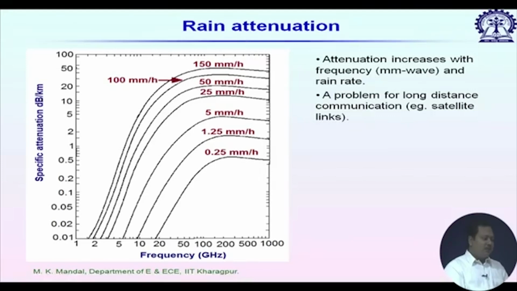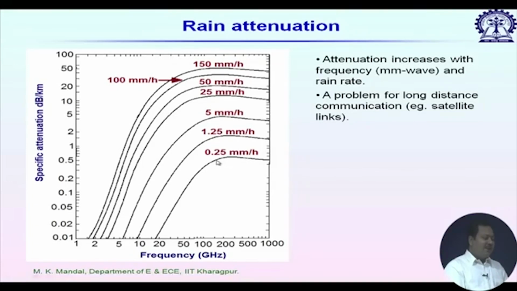This is a typical attenuation plot with rain rate for different frequency ranges. If you follow any one curve, for lower rain rate, for example 0.25 millimeter per hour to 1.25 millimeter per hour, the attenuation at millimeter wave frequency is typically 1 to 2 dB per kilometer.